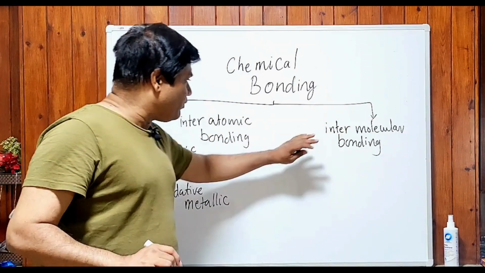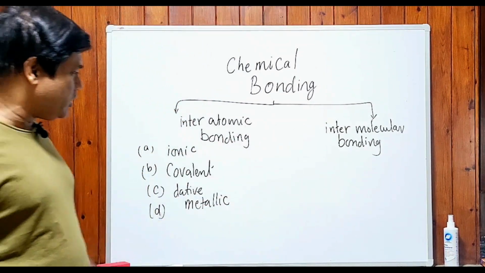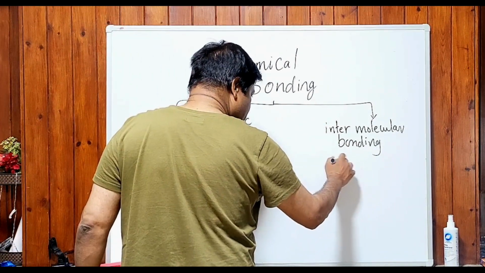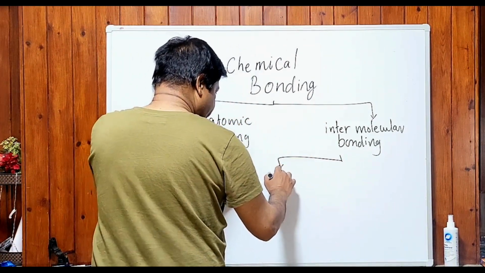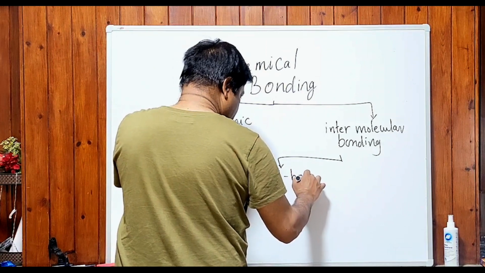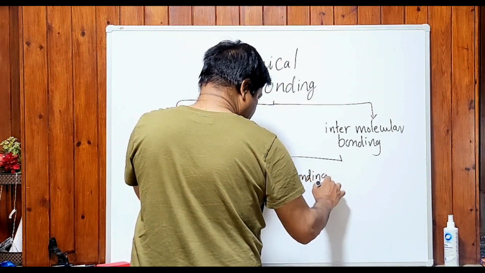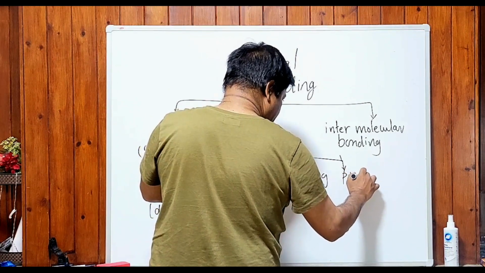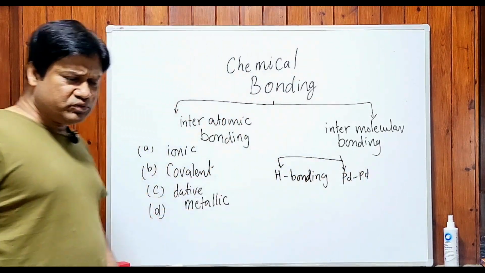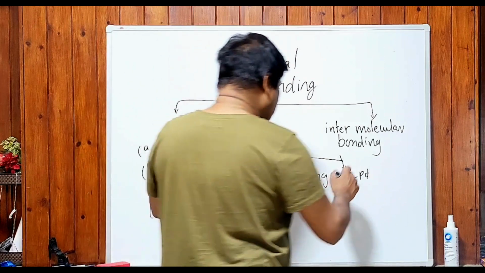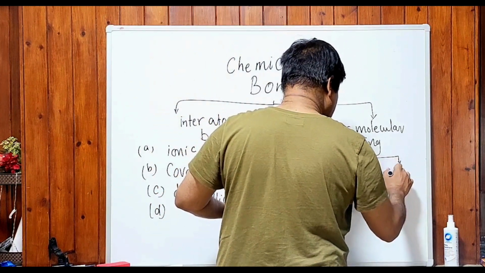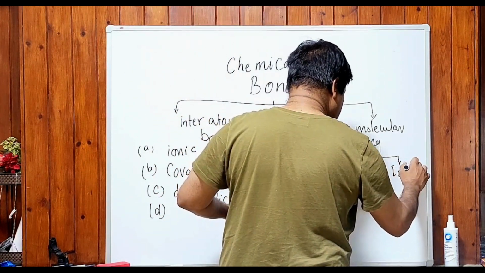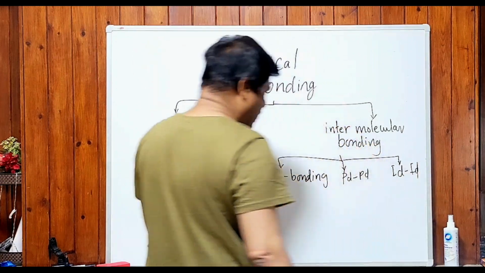Then after that, we will discuss intermolecular bonding. Intermolecular bonding mainly hydrogen bonding, H bonding. We have permanent dipole, PD. I will explain you, don't worry about it. Last one, ID, induced dipole.